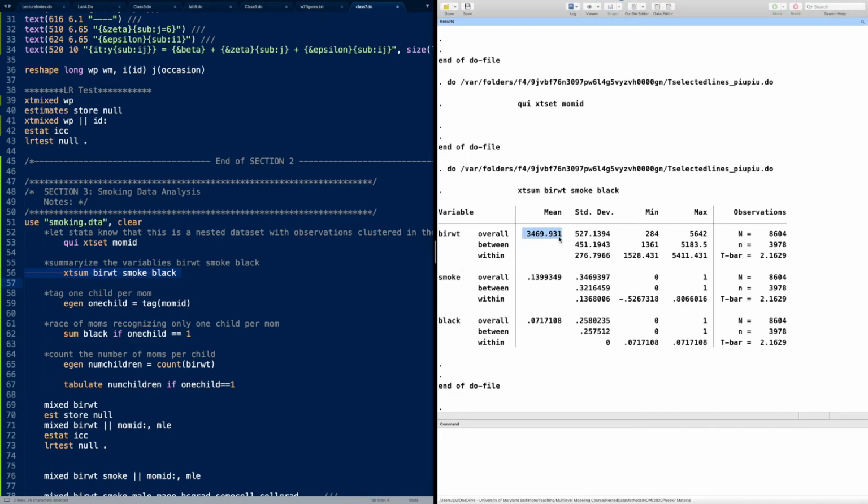So you see here the mean, which represents the mean birth weight across all births, irrespective of mothers. This is the proportion of all births that had smoking, and this is the proportion of all births to black folks. So these means are just the means as if we had non-nested data.